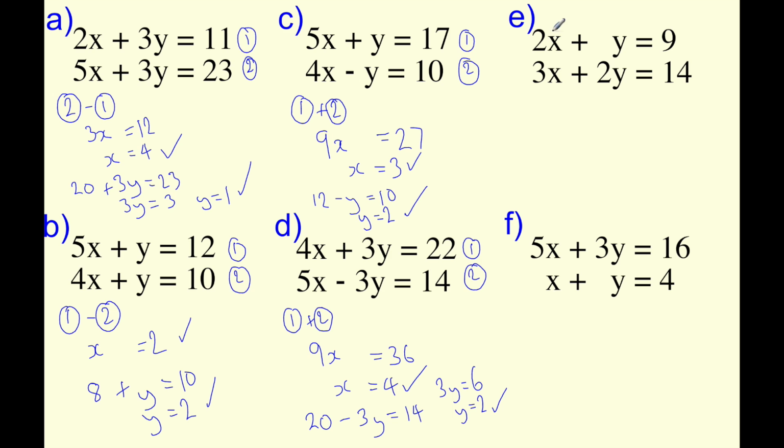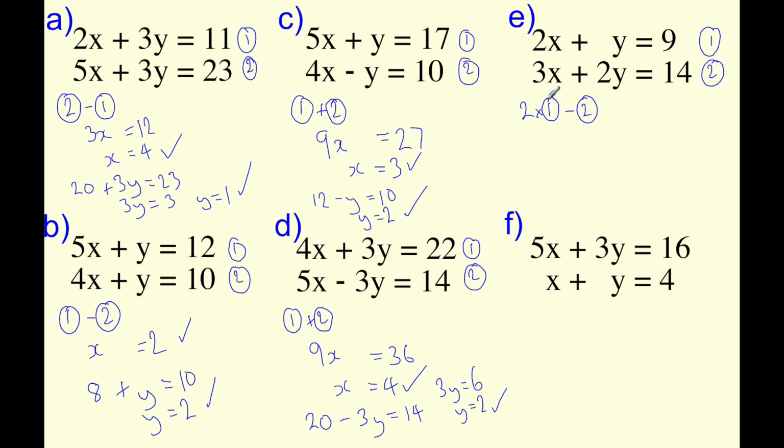Going across to part E now, this is where it gets a little bit more complicated. So we've got equation 1, equation 2, and this time what I'm going to do is I'm going to have 2 lots of equation 1 and then take away equation 2.